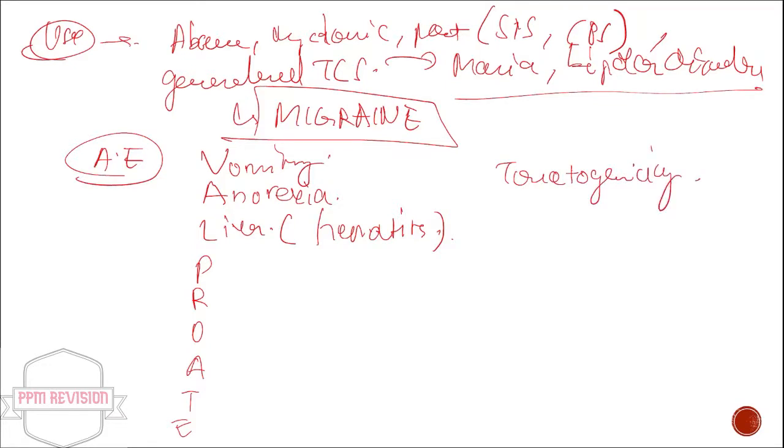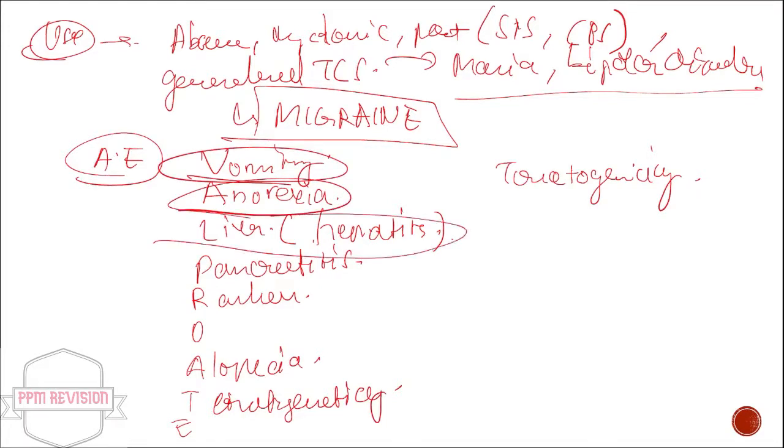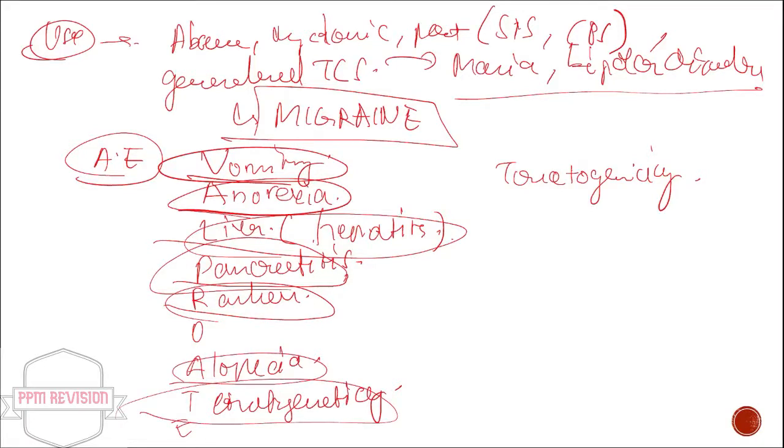You can find rashes, alopecia, and pancreatitis. Okay, so most of it is covered. That is vomiting, anorexia, you have hepatitis, and can also result in pancreatitis, rashes, alopecia, teratogenicity.